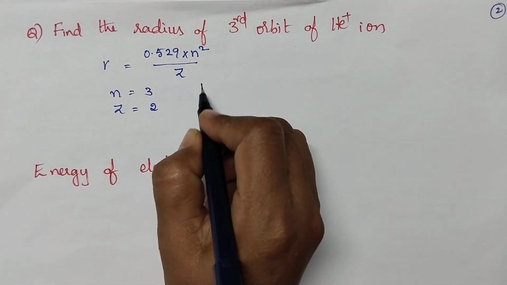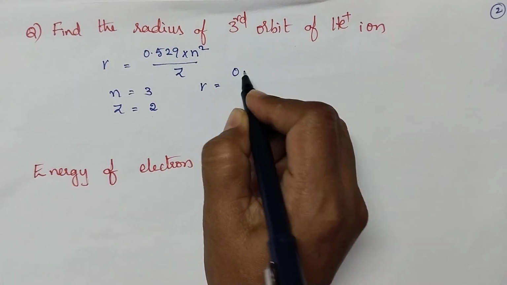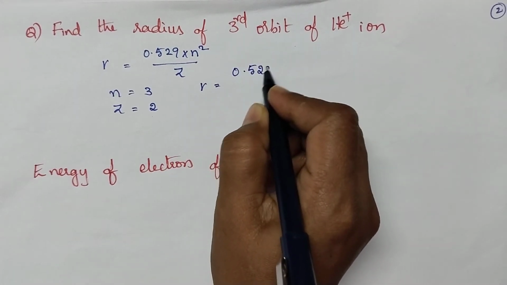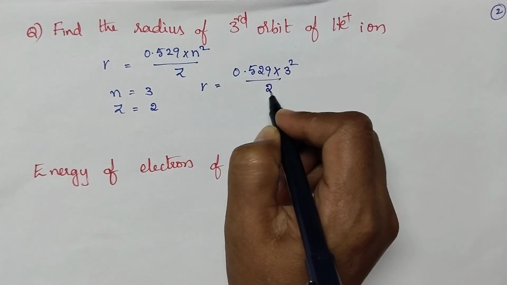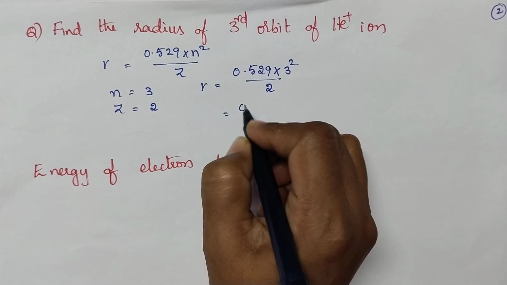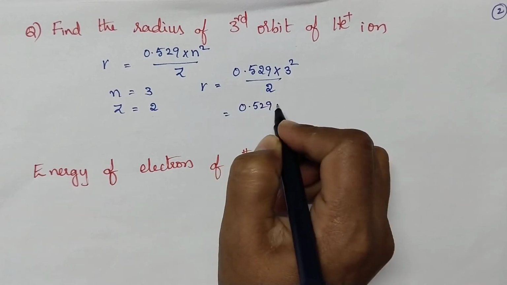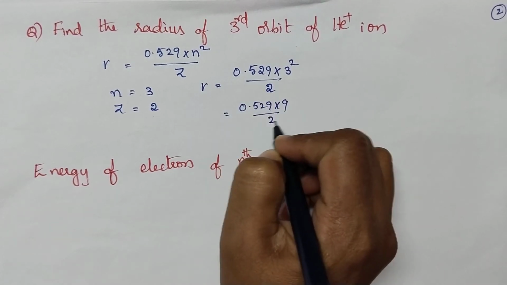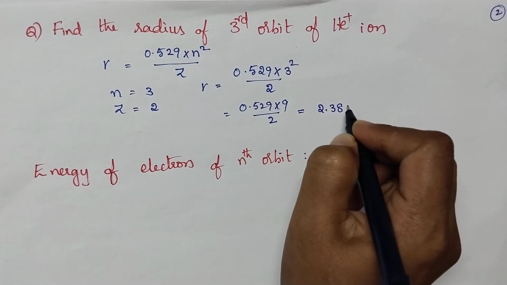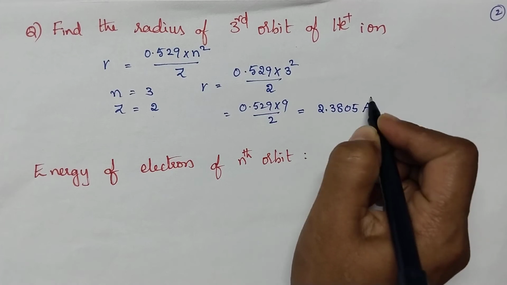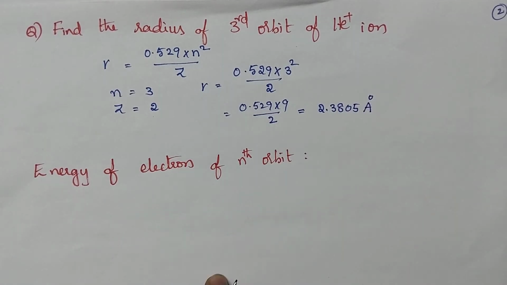Just substitute these values. Then R is equal to 0.529 into 3 square by 2. That is equal to 0.529 into 9 by 2, and finally that is equal to 2.3805 Armstrong units. Clear, students?